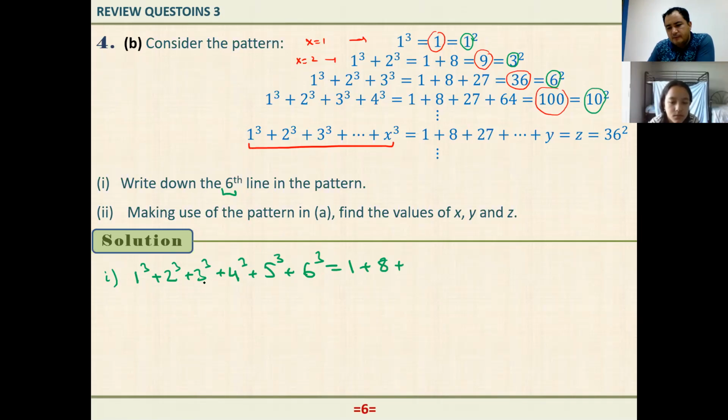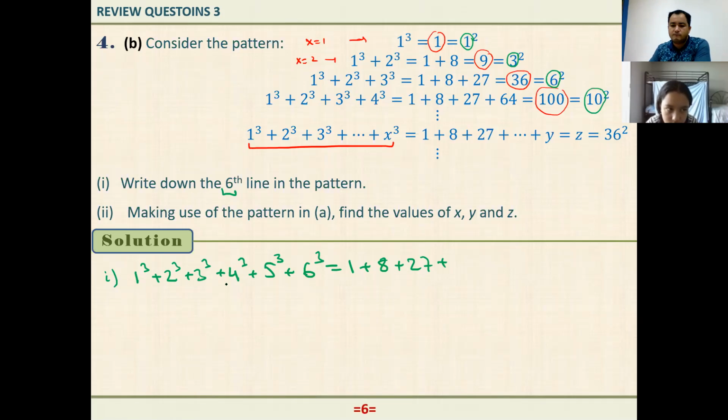What is 3 cubed? 3 times 3 times 3. What is it? 27. Good. Here we have 27 plus, what is 4 cubed?